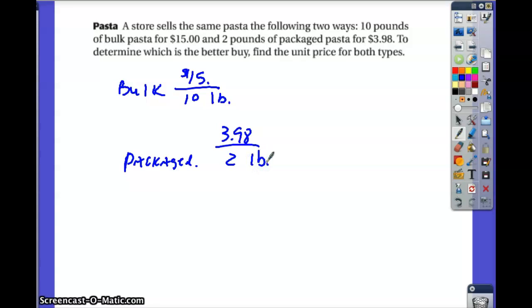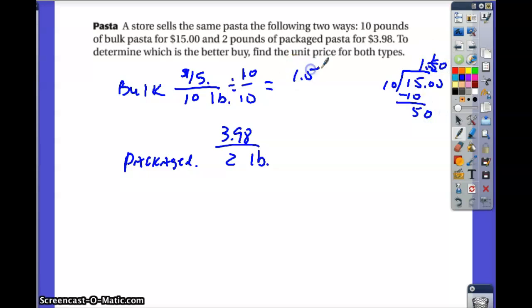So we want to know how much it is per pound, so let's divide the bulk by 10. 15 divided by 10 goes once, 5/10 or 1 1/2. Actually that's money, so I guess we need to keep going here. That's 5. So $1.50 per pound.